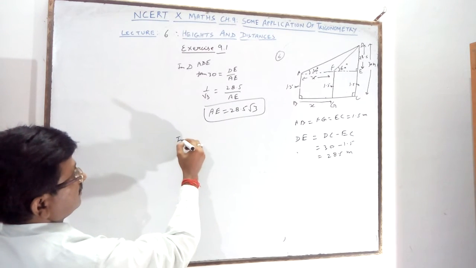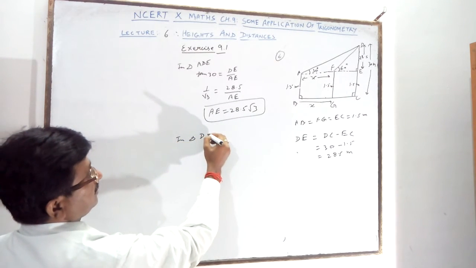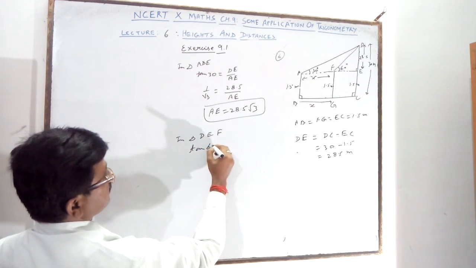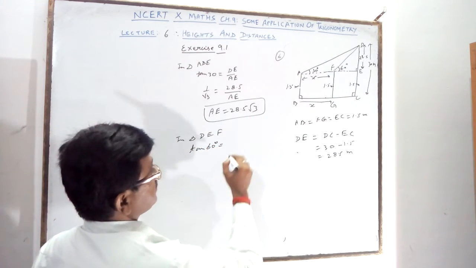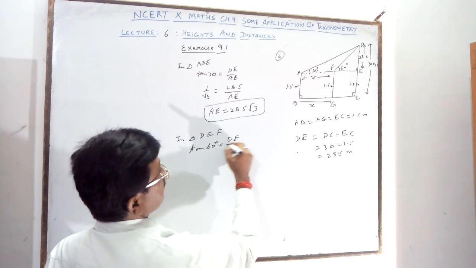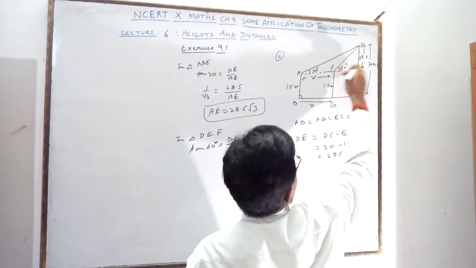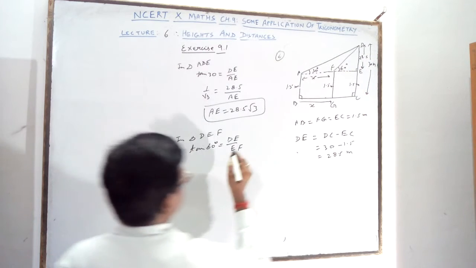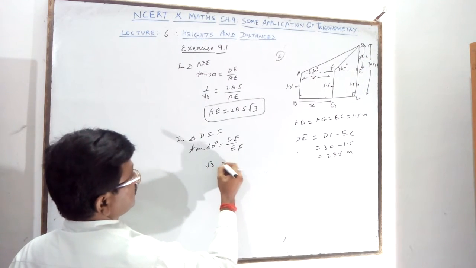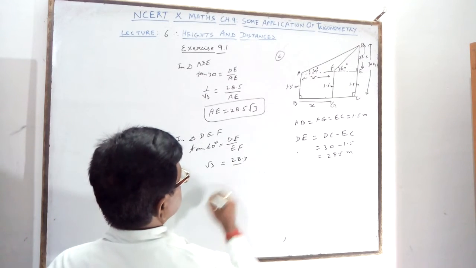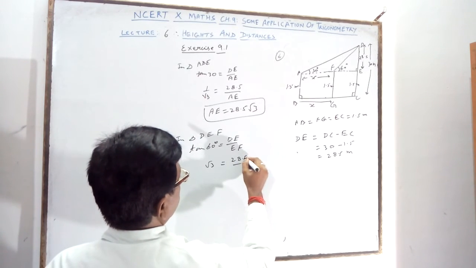In triangle DEF, tan 60 degrees is equal to DE upon EF. Tan 60 is root 3. DE is given as 28.5, so root 3 is equal to 28.5 upon EF.